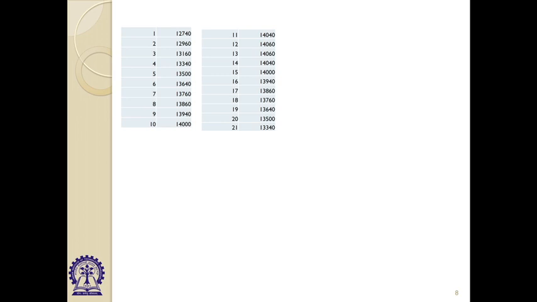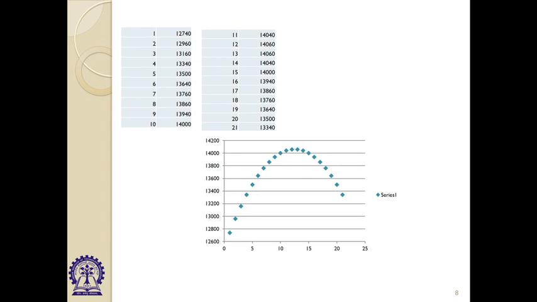Now before that, I calculated certain values of f(x) and I drew the picture of it, and certainly we are getting that at x equal to 12.5 we are getting the optimal solution.